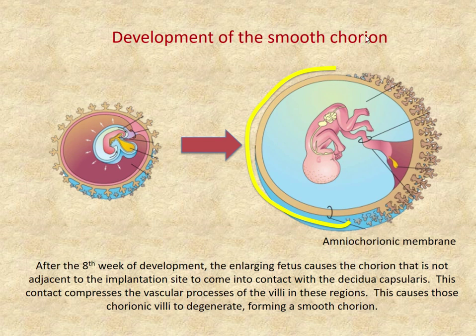And that is going to cause blood flow to be reduced in that part of the chorion and those villi to degenerate. And so it actually makes the rest of the chorion that is not overlying the decidua basalis become smooth. So we call this the smooth chorion.